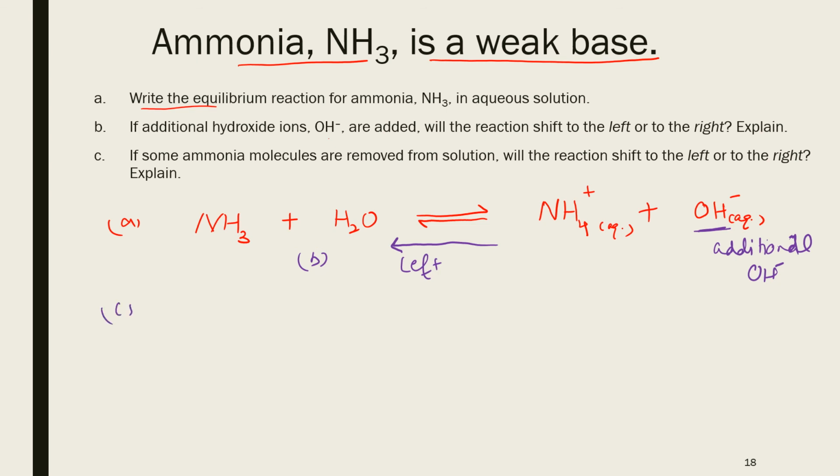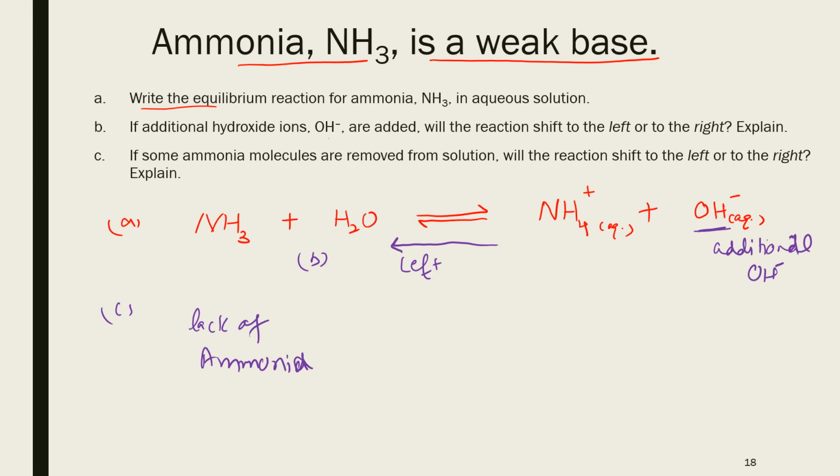Part C is, if some ammonia molecules are removed, will the reaction shift to the left or right? Ammonia is removed, which means that now we have a lack of ammonia on the left-hand side. Because we removed ammonia, a void is created, so now we have created a negative disturbance.